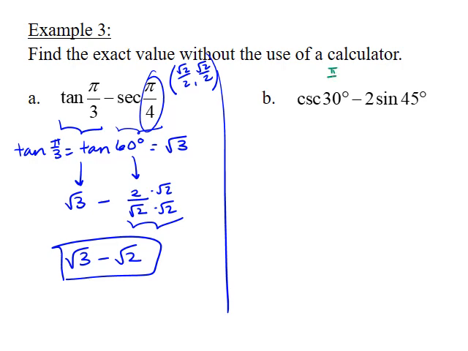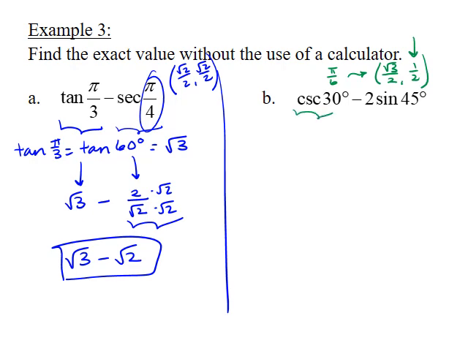30 degrees is equivalent to pi over 6. Remember, pi over 6 has the corresponding ordered pair root 3 over 2, 1/2. This should be coming a little more clear to you from our previous lesson. Cosecant is the reciprocal of sine. Sine of pi over 6, or 30 degrees, is 1/2.